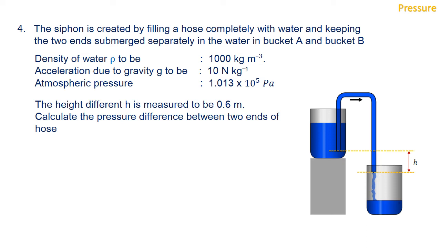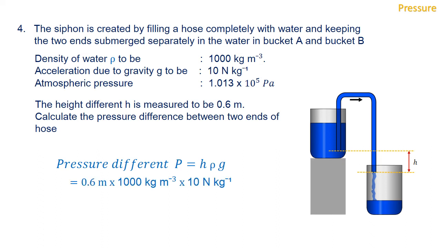Calculate the pressure difference between two ends of the hose. Pressure difference, P, equals h rho g, equals 6,000 Pascal.